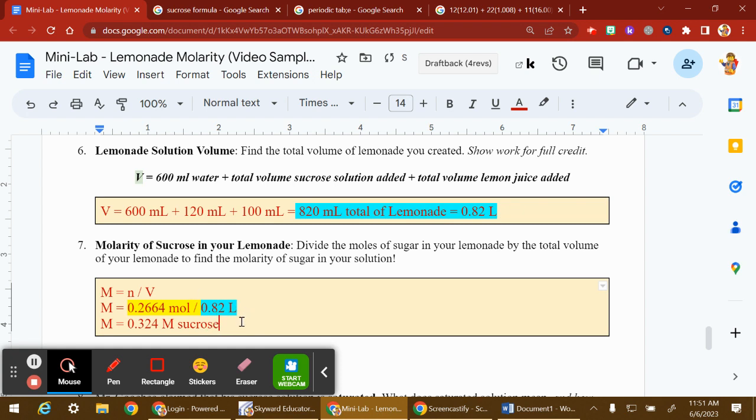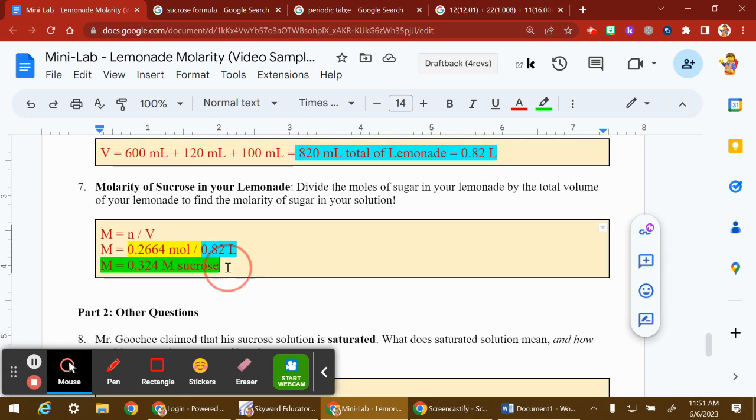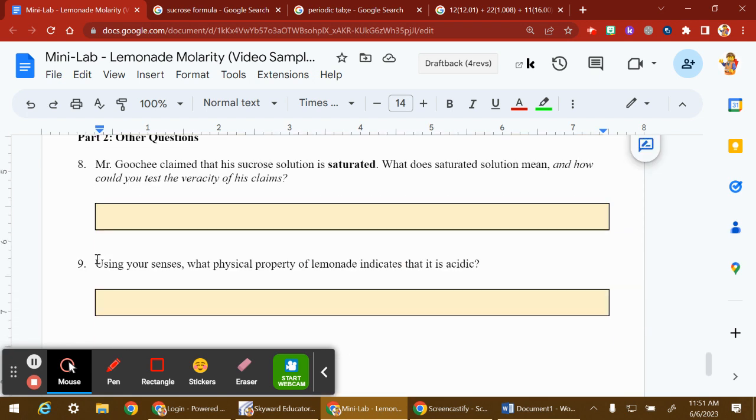So if in the future I wanted to make my own lemonade to my own specifications, I would be looking to make a 0.324 molar sugar solution. Now, you could also calculate the concentration of lemon juice in your solution as well. We're not going to do that. We're just going to focus in on how much sugar is in there.